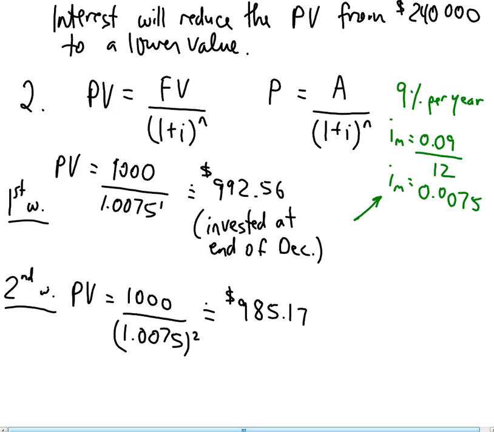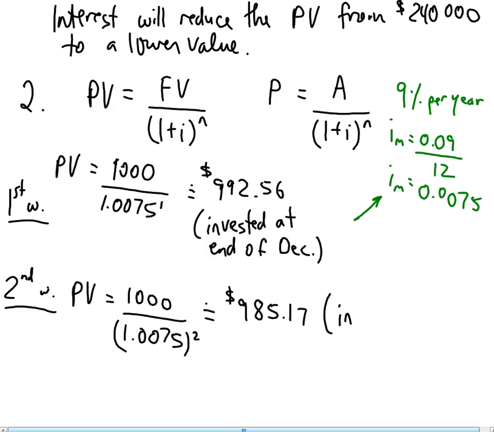And even within a month of extra investing, we're already reducing our present value necessary to generate that by almost $7. So here, over long periods of time, present value has the ability to generate large sums without necessarily a very large investment.